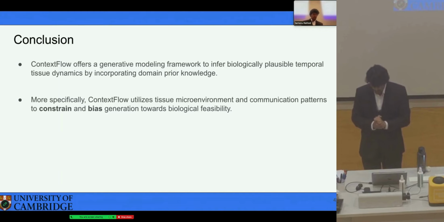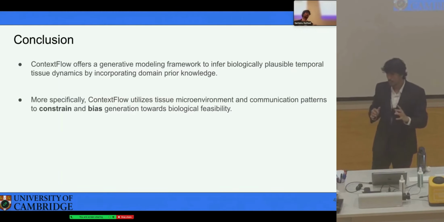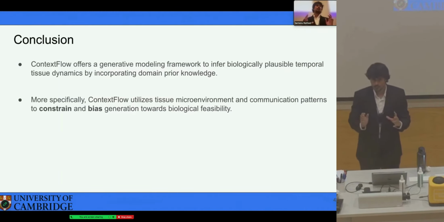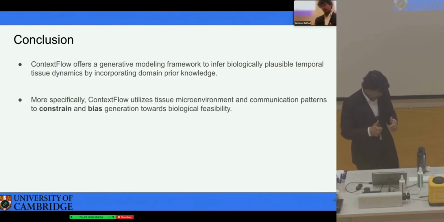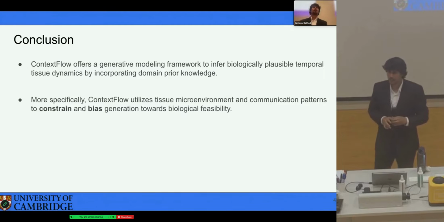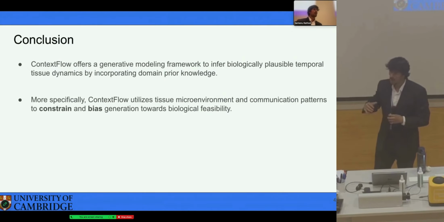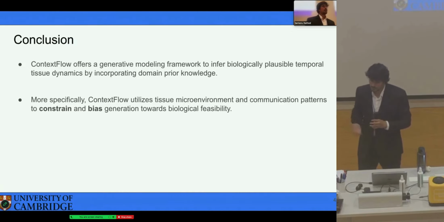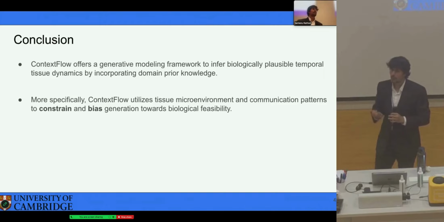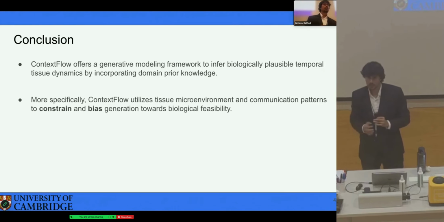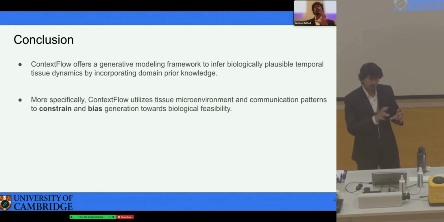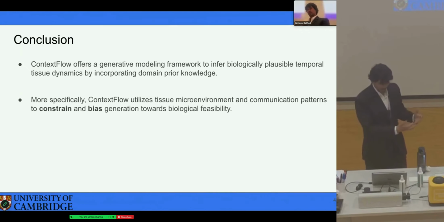In conclusion, I just want to say that if you understood nothing by the end of this talk, at least for context flow, understand this. In the cases where you do not have enough data to infer the true underlying scientific principles from the data, it's very important that you ground your generation in the knowledge that you already know about the system.